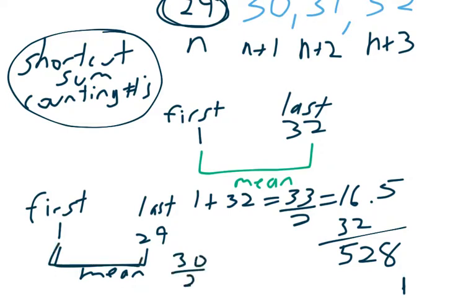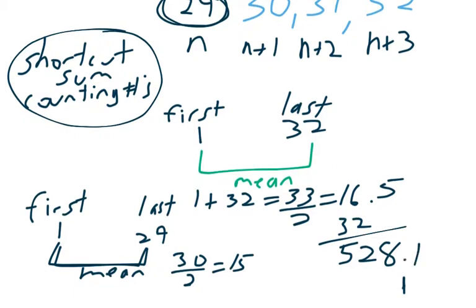We get 15. And I am going to get 15 times, how many numbers are there? The first 29. So 15 times 29. And if we do that, I get 435.